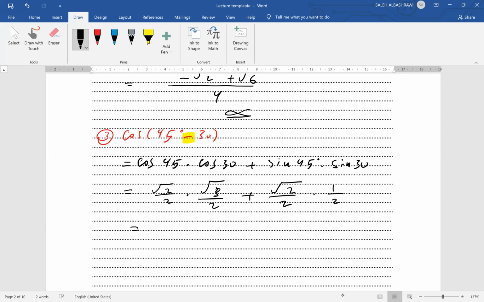So the answer is equal to, over 4, square root of 2 times square root of 3 will be square root of 6, plus square root of 2. So cosine 45 minus 30 will give me square root of 6 plus square root of 2 divided by 4.